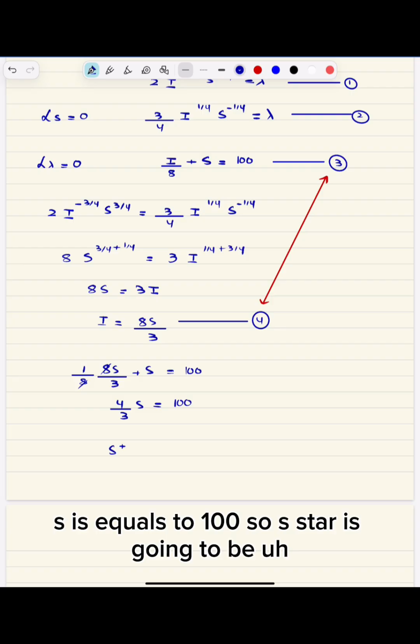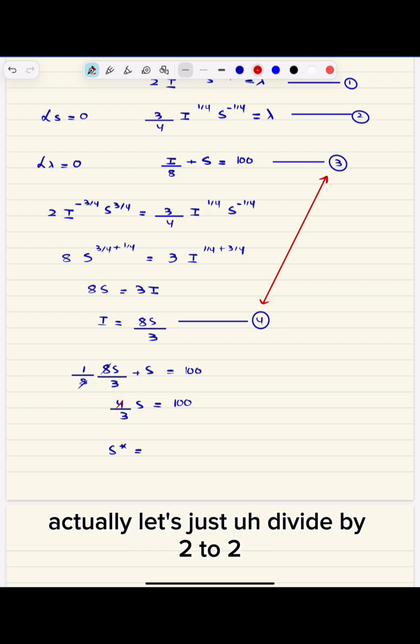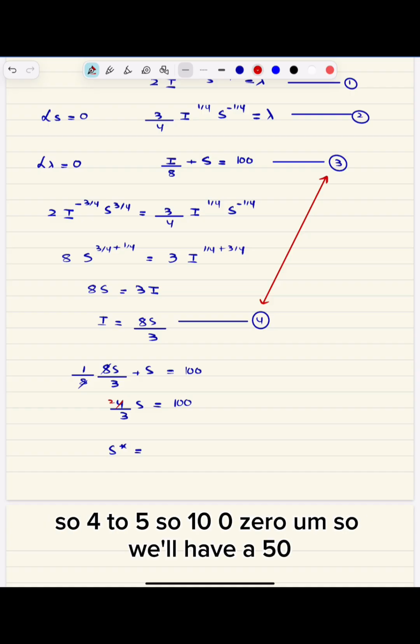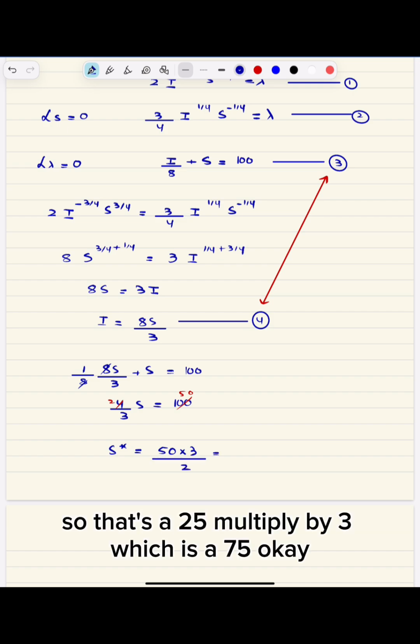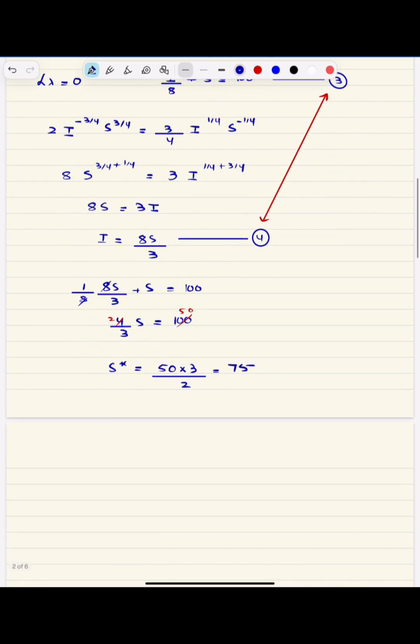So S star is going to be, actually let's just divide by 2. 2 2s are 4, 2 5s are 10, 0 0. So we'll have 50 into 3 over 2. So that's 25 multiplied by 3, which is 75. Okay.